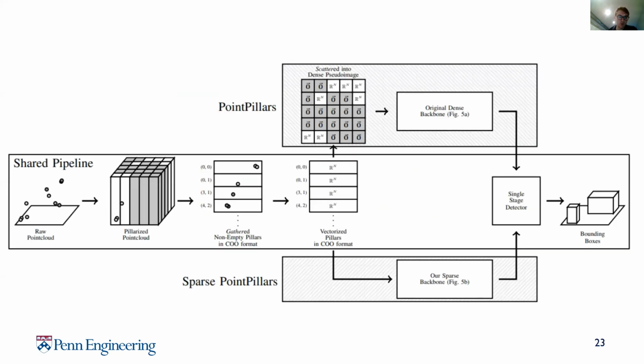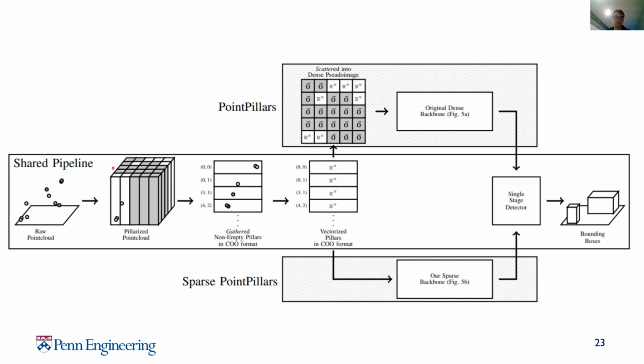So at its core, right, PointPillars consumes a raw point cloud. It takes the 3D scene and converts it into a set of pillars. And again, most of these pillars tend to be empty, right? There's very regular structure found in LiDAR point clouds that come off self-driving cars. And so rather than trying to vectorize each pillar individually in the original tensor, standard PointPillars, and then our PointPillars backbone as well, takes this and gathers them, they call it the gather step, into a non-empty coordinate format lookup matrix.